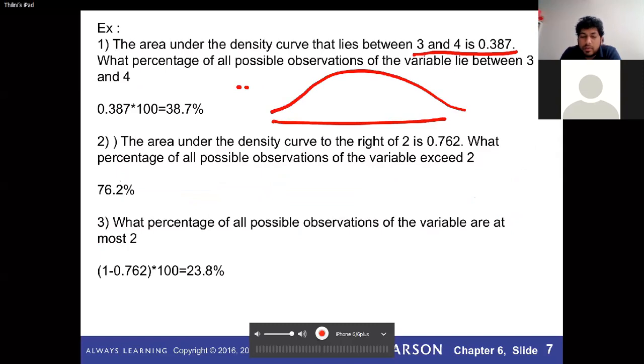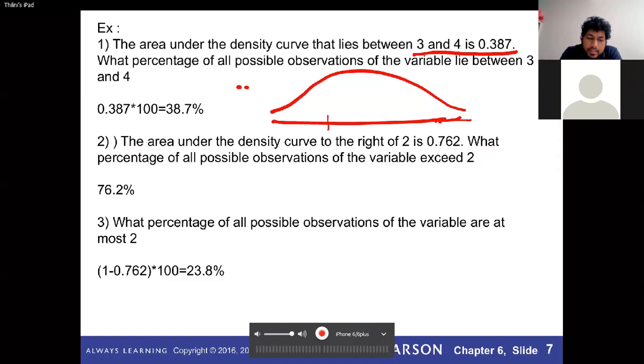Normally we draw this density curve like a bell shape, because in your syllabus you have to deal with bell-shaped density curves only. You don't have to worry about the other shapes. There are so many shapes, but you have to worry about this bell-shaped curve. So whenever I draw a density curve, I'll draw it like a bell shape.